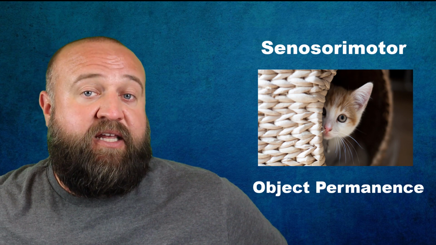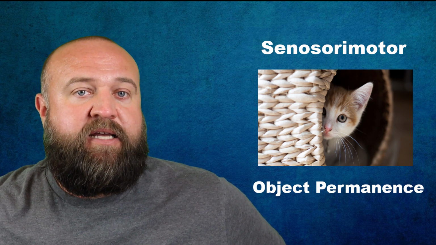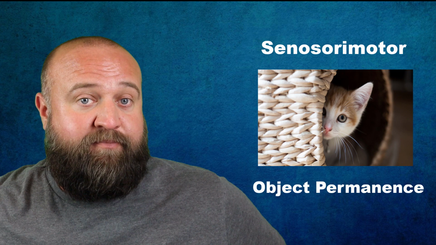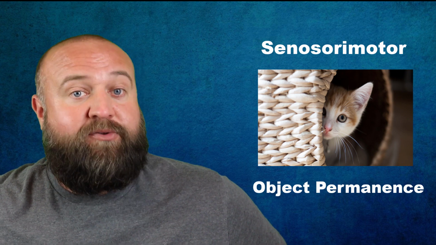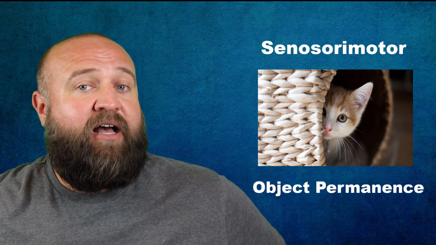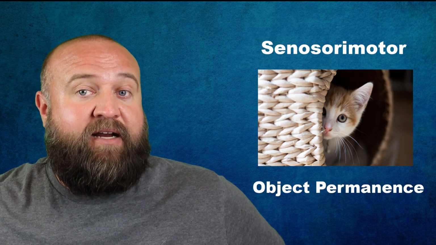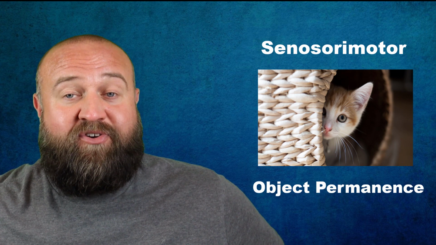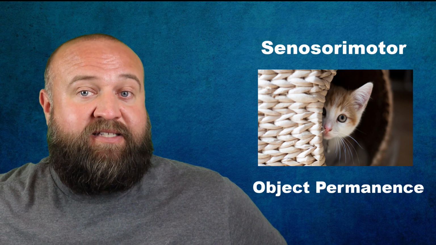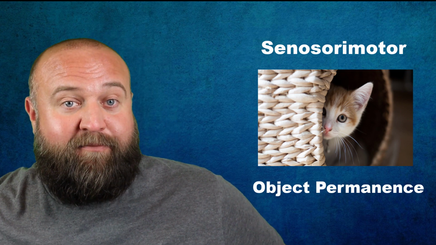You can usually tell if an infant has object permanence if you play peekaboo with them. Say you hide your face either with your hand or by ducking below something. A baby without object permanence will just react, but one with object permanence will actually try to find you. So if you duck underneath the table, they will actually look to see if you're under the table.